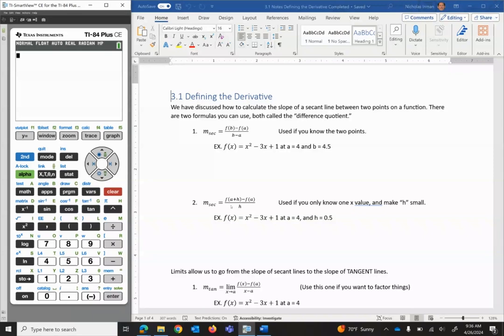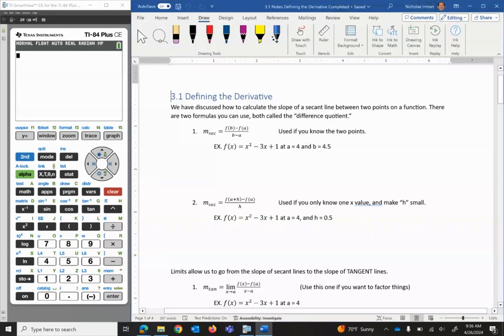The derivative is really going to be about the slope of a tangent line. We've discussed how to calculate slope of a secant line. We call this the average rate of change.